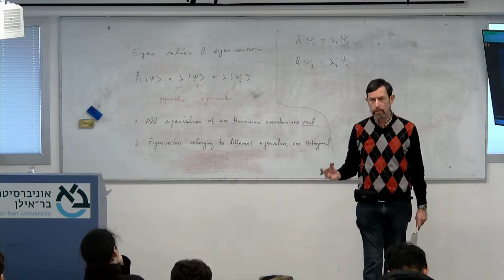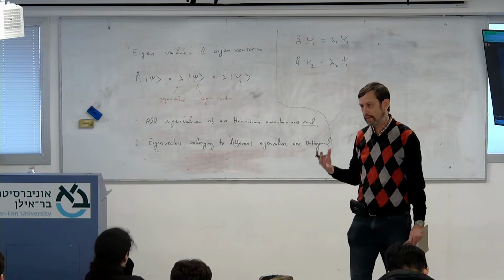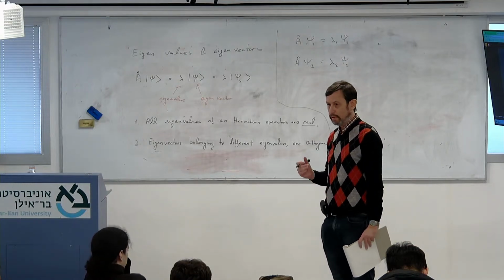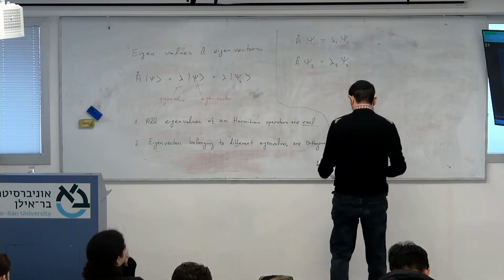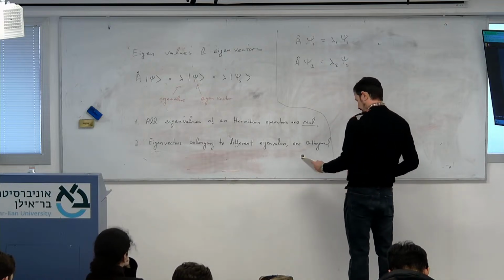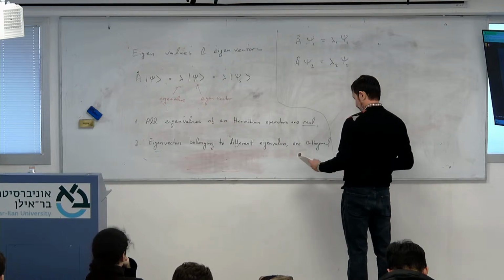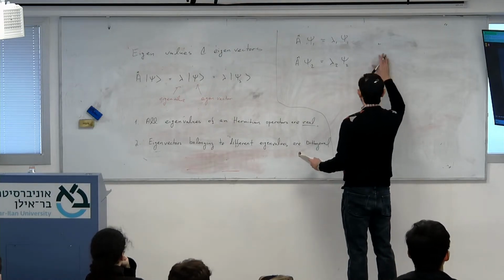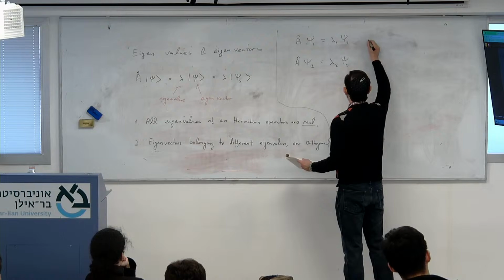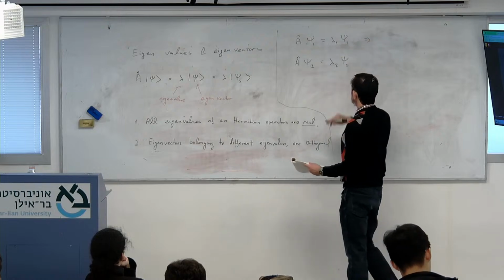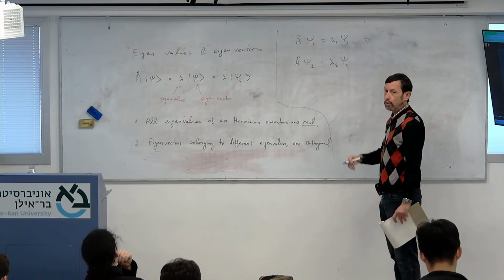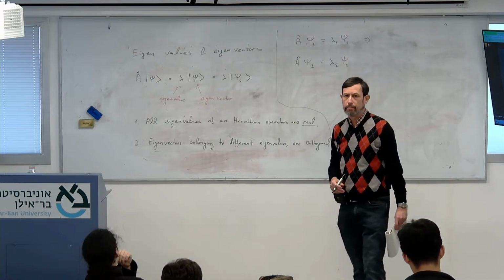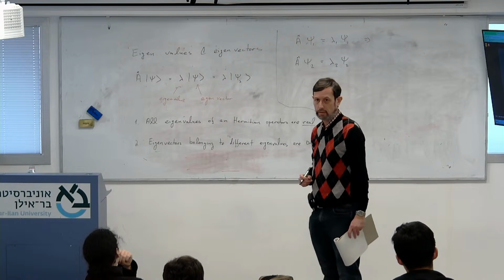So psi1 and psi2 are both eigenvectors of operator A. I'm taking this equation and multiplying it by psi2 complex conjugate.